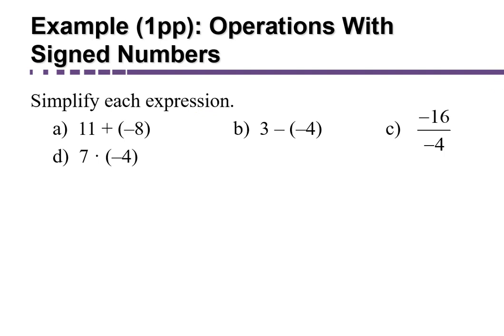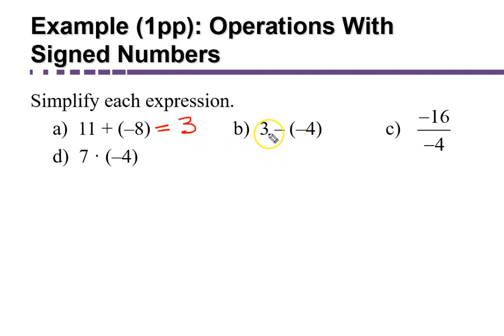You may want to pause and copy them down, and we'll be writing them out here. So here we have a positive and we're subtracting a negative. Well, this is straightforward. 11 minus 8 equals 3.